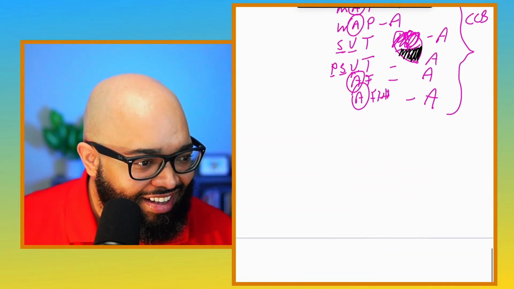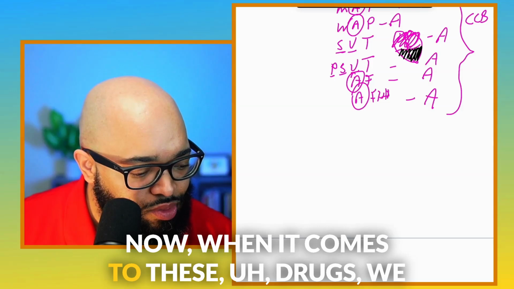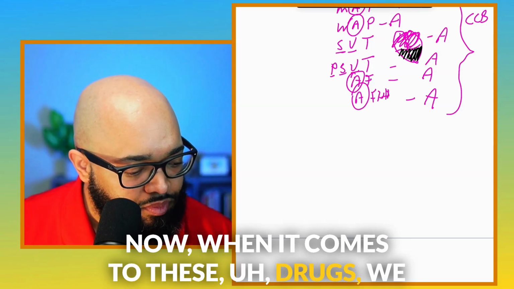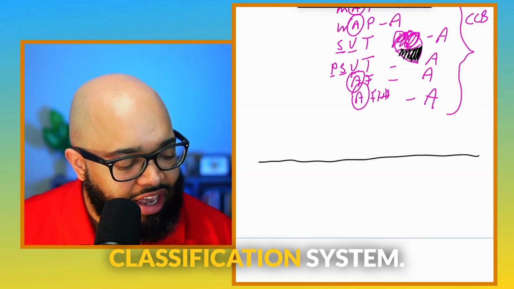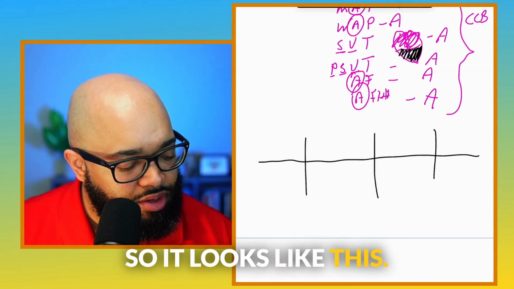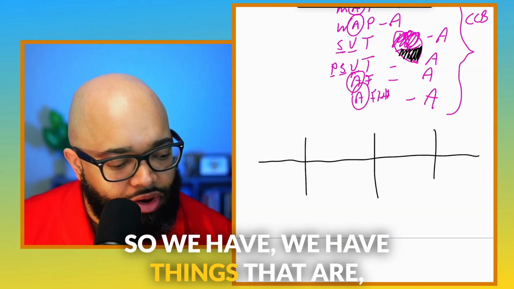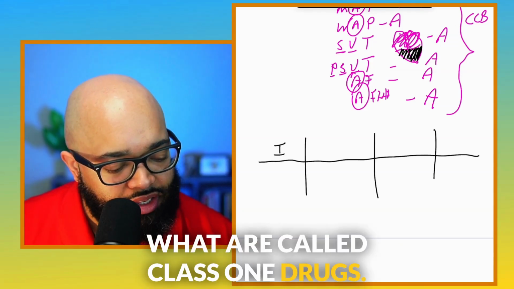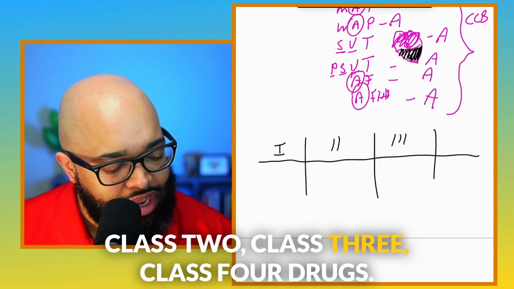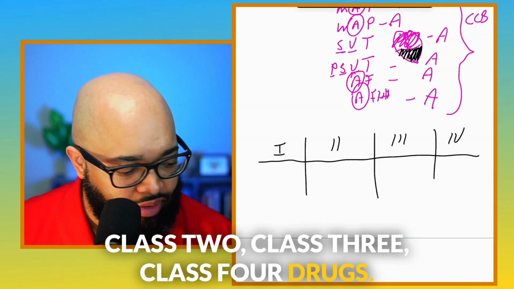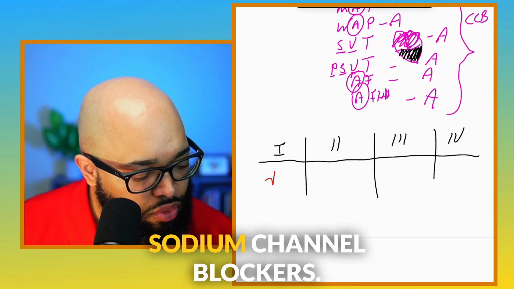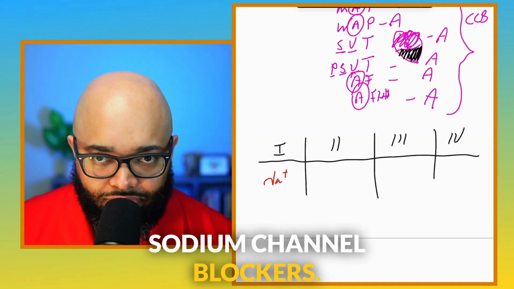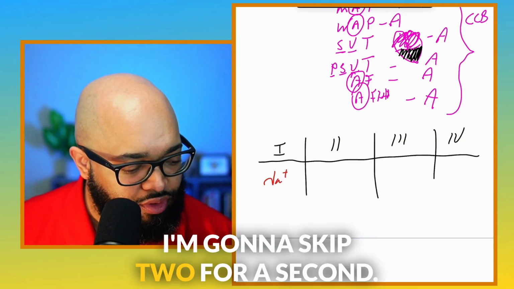Okay. Now, when it comes to these drugs, we have this thing called the Vaughan Williams classification system. So it looks like this. We have class 1, class 2, class 3, and class 4 drugs. Class 1 drugs are sodium channel blockers. I'm going to skip 2 for a second.